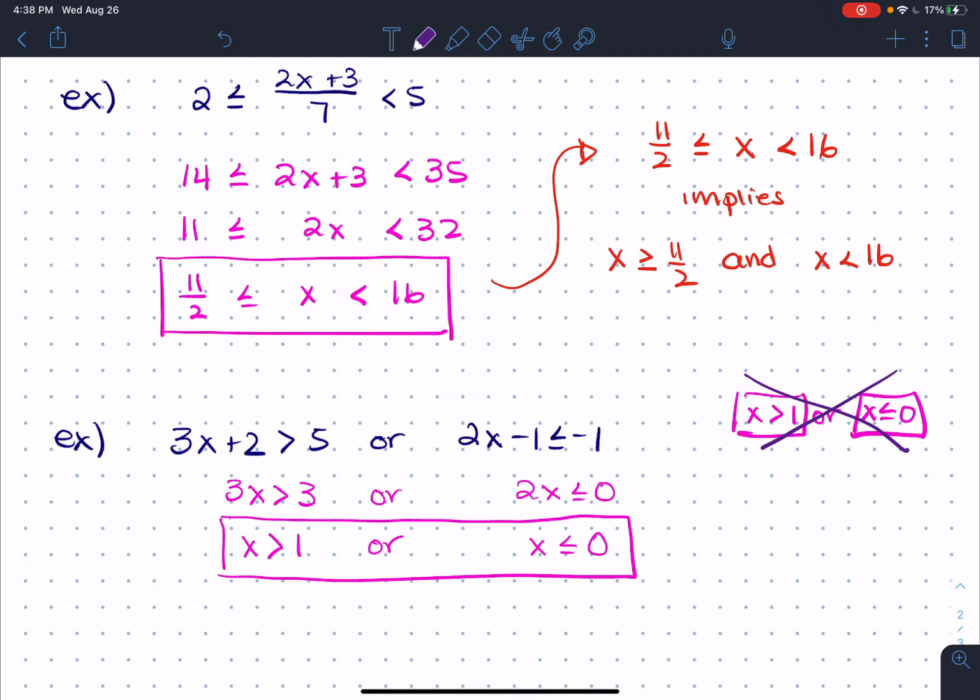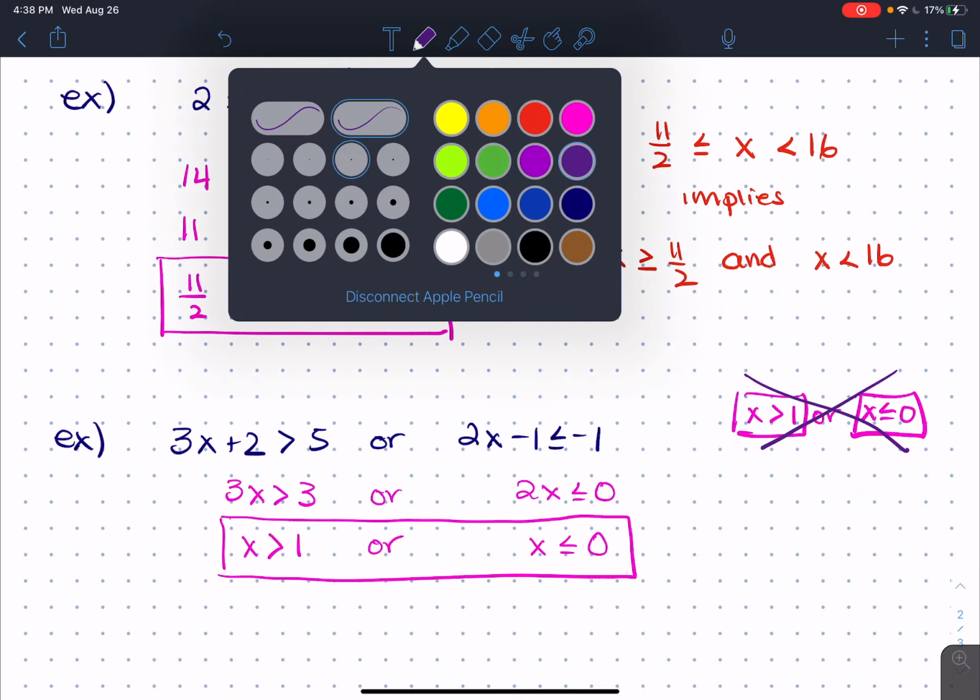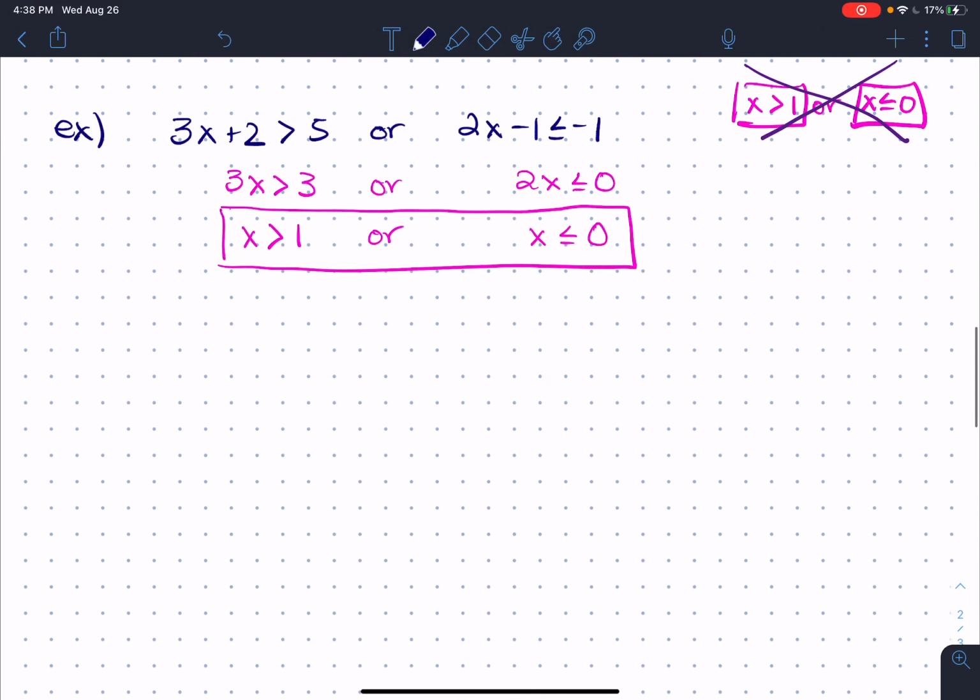All right, let's try one more of these guys, and then we'll move on to absolute values. So I'm going to give you guys one to try on your own, and do the old pause the video kind of thing.